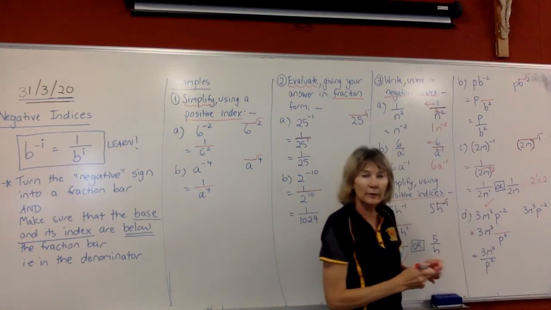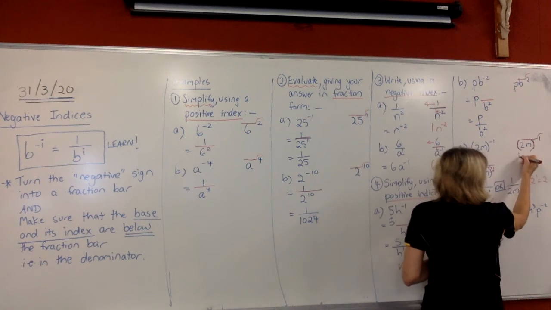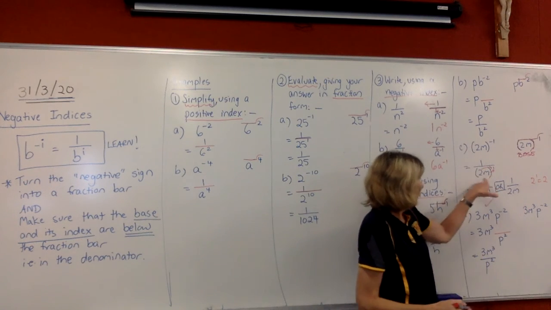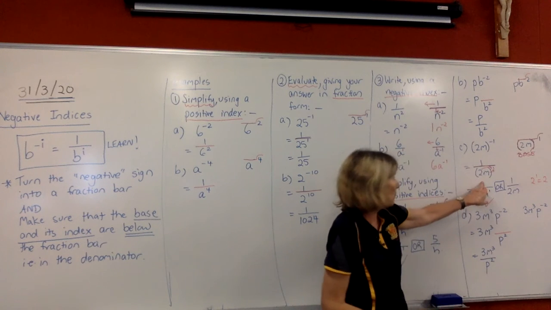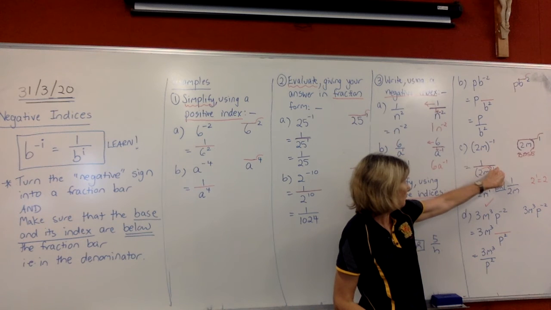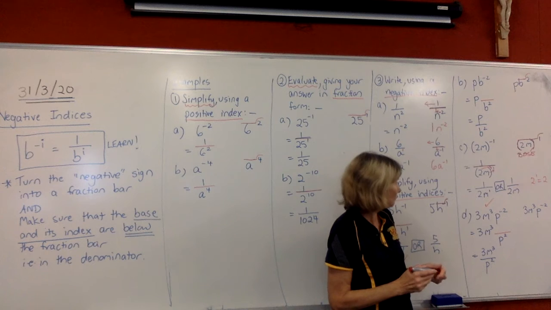And we go all the way over there because the whole bracket is the base. Okay, so this bracket is your base. Okay, so we're going to write our red line down there. There's our base in the bracket and the index up the top. There's nothing up the top here, so we write a 1 up there.